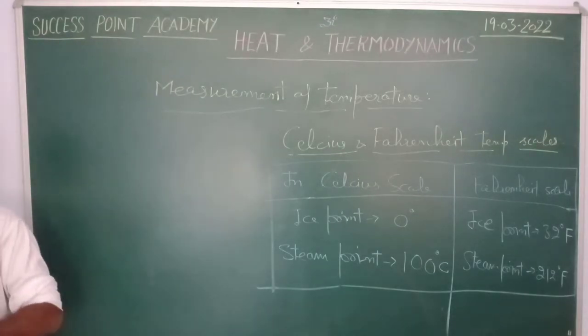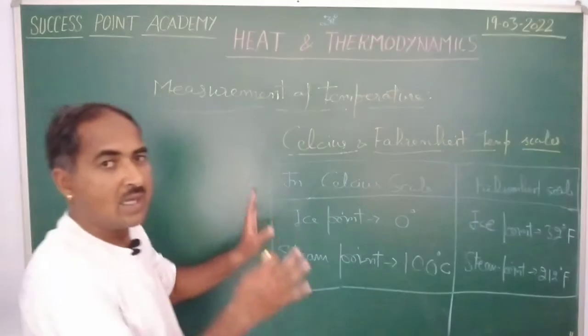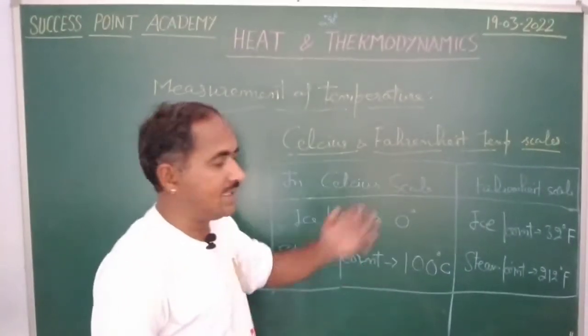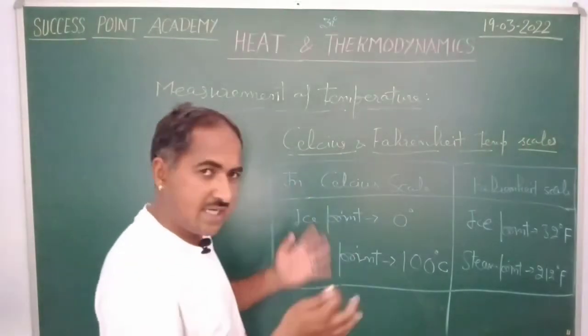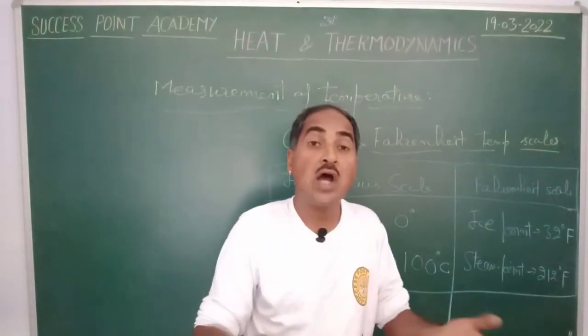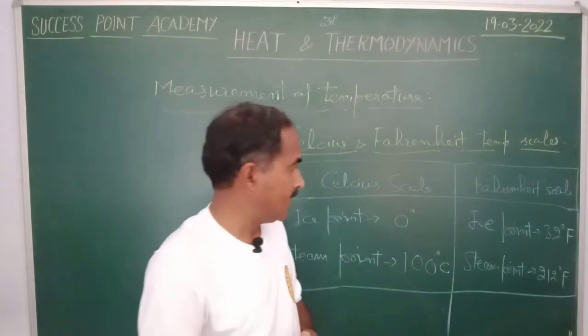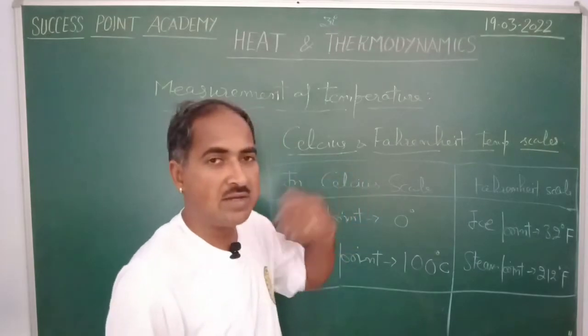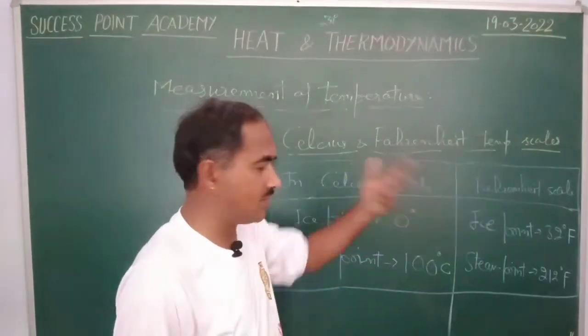Now what does it tell us? Is there some relation between the Celsius and Fahrenheit scales? How can we get the result if we are given values in Celsius? How can we find it in Fahrenheit or vice versa?